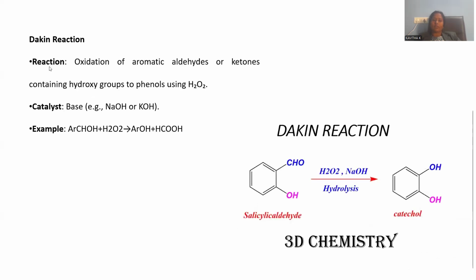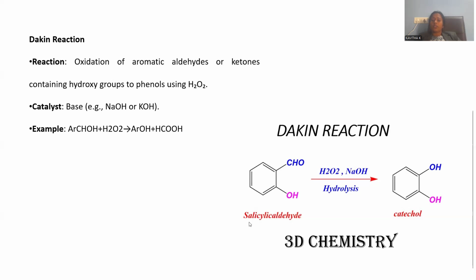Let's go with another named reaction called the Dakin reaction. The Dakin reaction is carried out with an aldehyde. Wherever an aldehyde is there, it can be treated with hydrogen peroxide. Whenever this aldehyde compound is treated with hydrogen peroxide under alkaline conditions and subsequent hydrolysis is carried out, ultimate replacement of the aldehyde with a hydroxyl is possible.